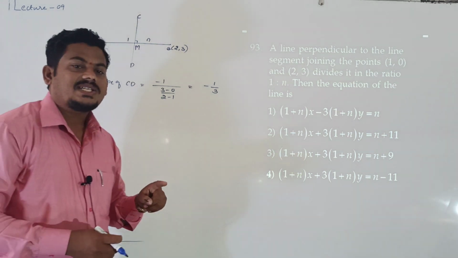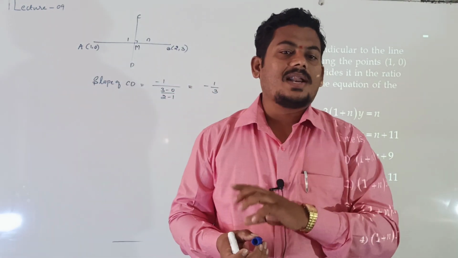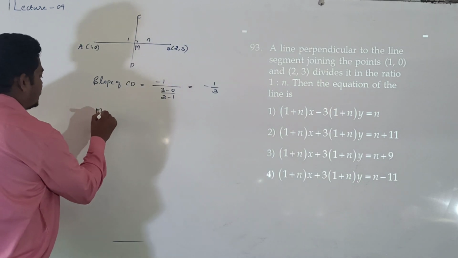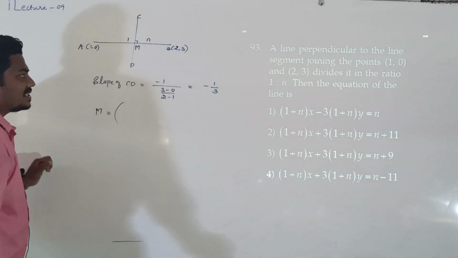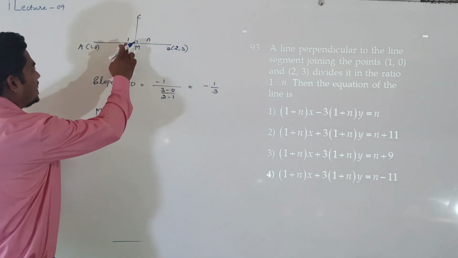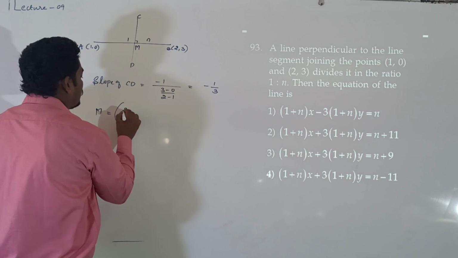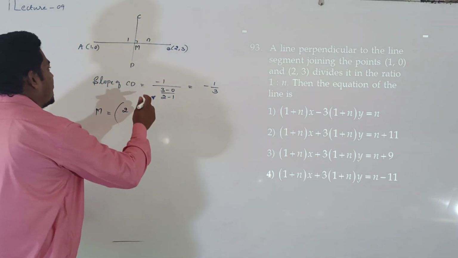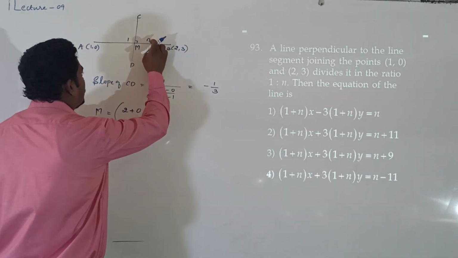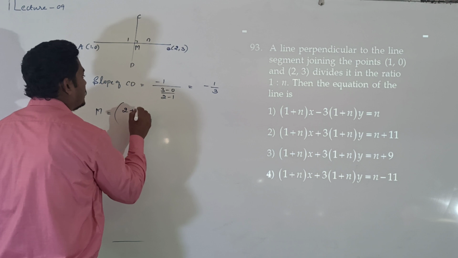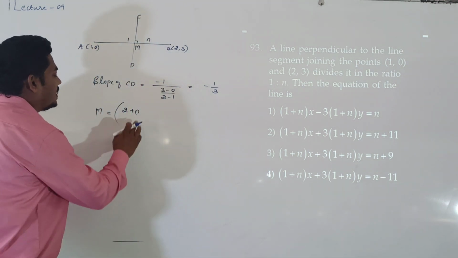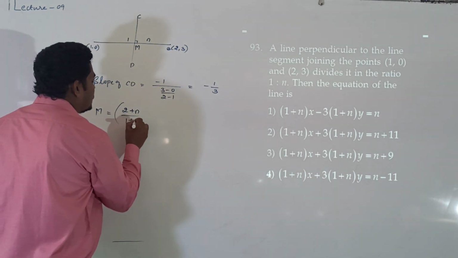For finding the equation of the CD line, we need one point and its slope. Tell me what are the coordinates of M? Coordinates of M by using the section formula. M is to n form. m x2, that is 2, plus n y1... m x2 plus n x1, x1 value 1, divided by 1 plus n.